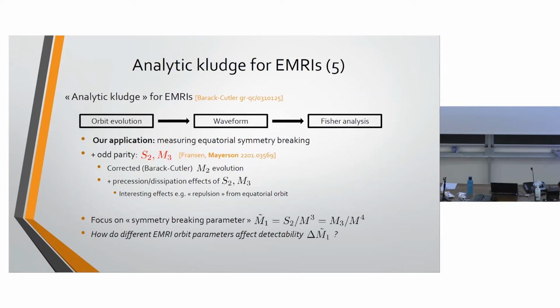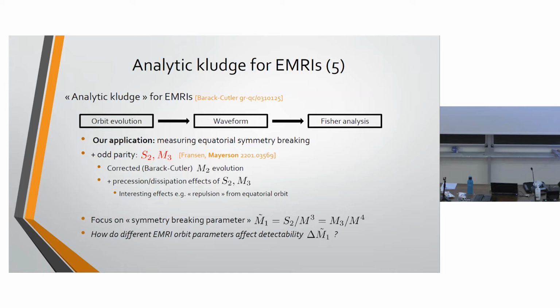Because we always like to think about equatorial orbits as being a simple thing in Kerr. Here, there is no such thing as an equatorial orbit, so you have to be repulsed from it, and you see this showing up. So I won't go into more detail, but this is an interesting phenomenon, because you expect to see things that are so different from the symmetry preserving effects.